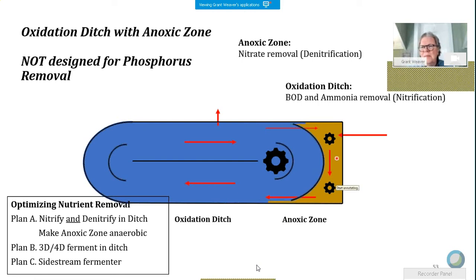Another scenario that happens is this is still working great. Everything's working in this end. The bacteria are energized. They're coming in here. And for some reason in this ditch, the phosphorus doesn't get removed. The conditions are fine. You have the DO, the pH is fine, but it's not happening in the ditch.